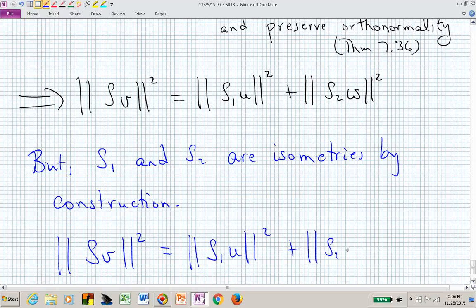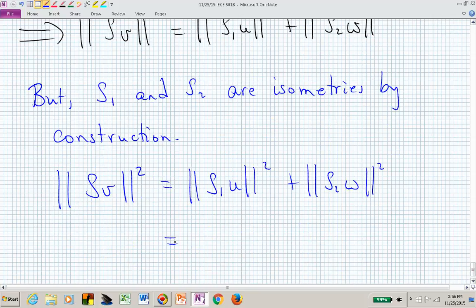This is what we're starting with from above. But we know since S1 and S2 are isometries that S1U is the same, that norm is the same as U's norm, and S2W is the same, that norm is the same as W's norm.